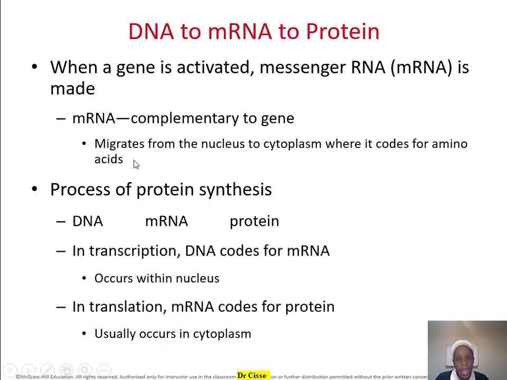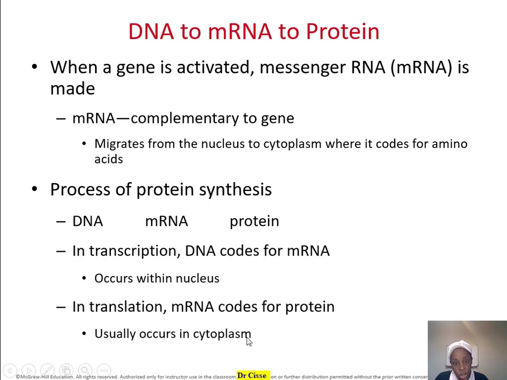Now this mRNA has to migrate, has to move from the nucleus to the cytoplasm because it's smaller, where it codes for amino acid. So the process of protein synthesis starts with the DNA to mRNA to protein. The beginning is transcription when we made the mRNA from DNA in the nucleus.